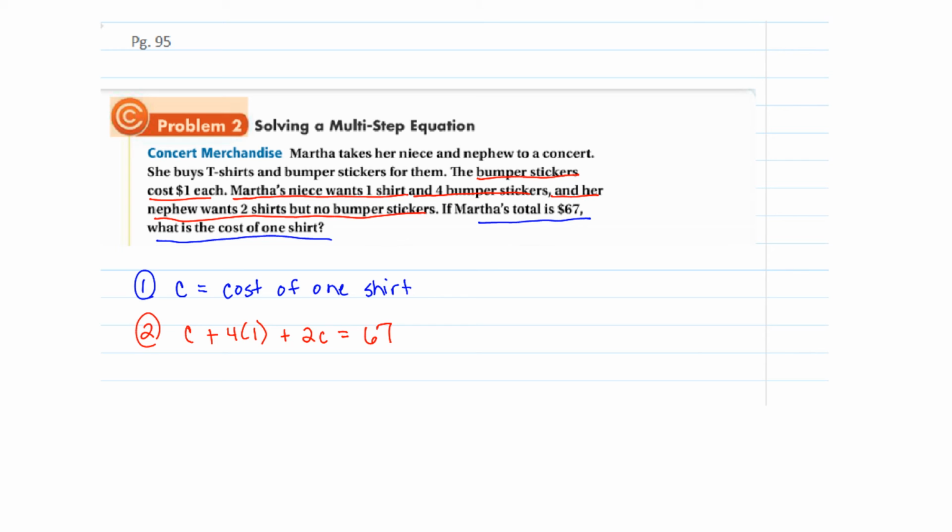So I'm going to combine my like terms first when I'm solving the equation. So I have C plus 2C, which is 3C. Subtract 4. Divide by 3.